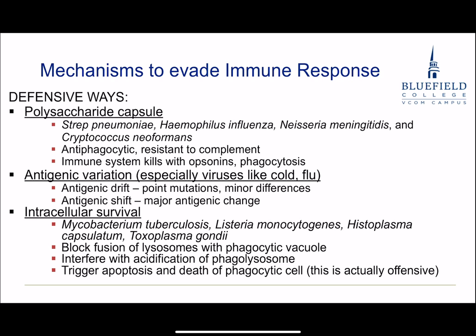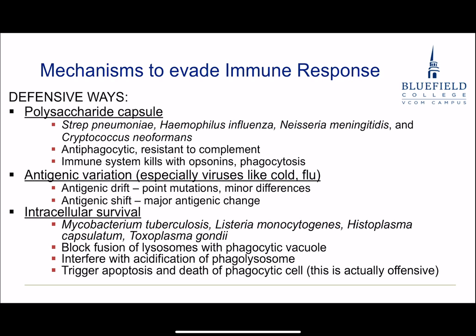Another defensive way that bad guys try to one-up the immune system is antigenic variation of themselves. They go through some mutations to change their epitopes on their surface to trick the immune system. And this actually is pretty effective. Have you ever wondered why you have to get a flu shot every year?